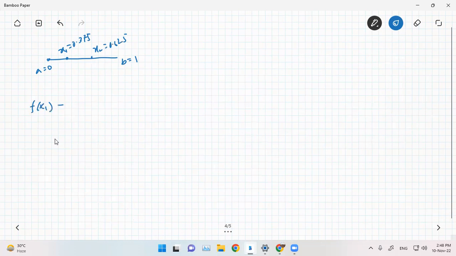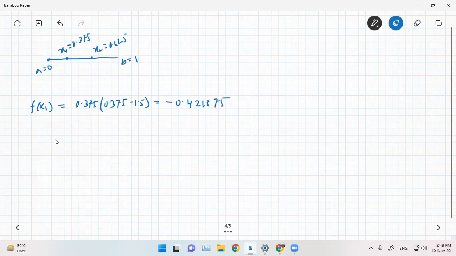Okay, so find the value of fx1. Fx1 will be, if you just put the value, that is 0.375 into 0.375 minus 1.5, then you're going to get minus 0.421875.